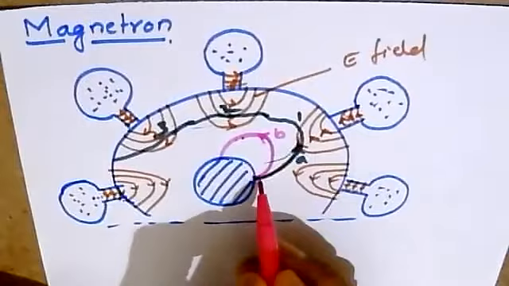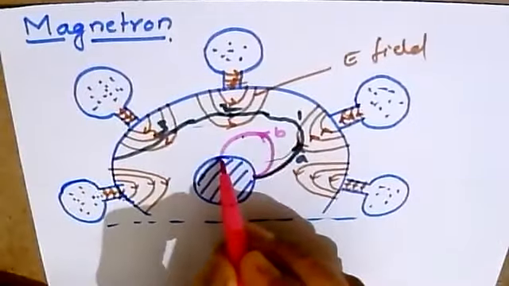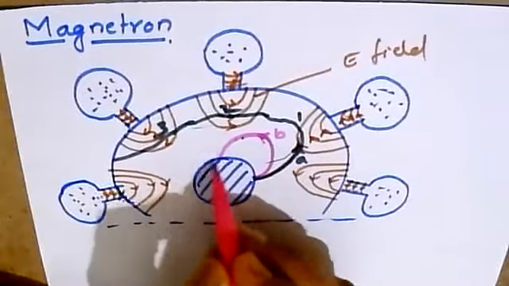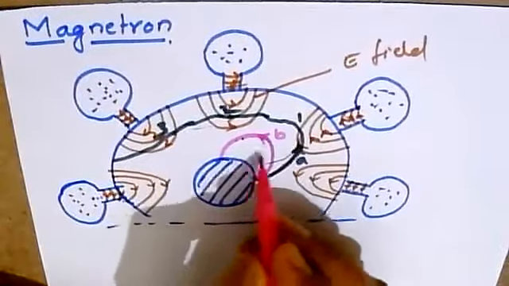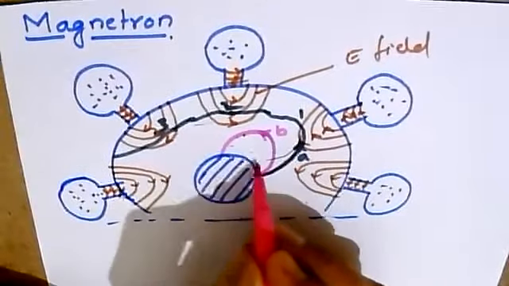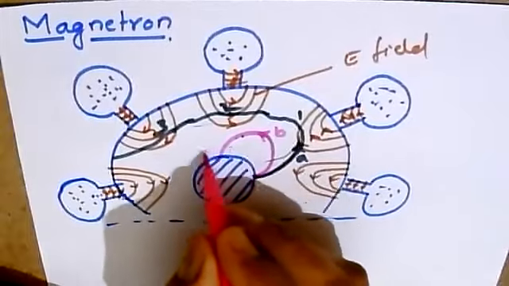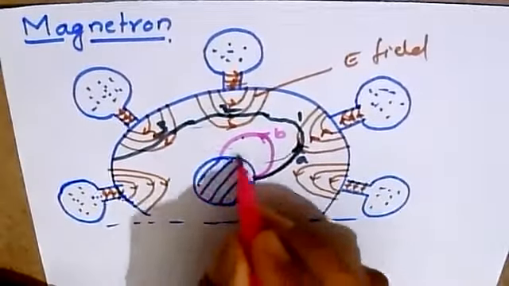Without being influenced by the electric field, they return back to the cathode. This process keeps on continuing, and all such B electrons will keep on rotating along with the cathode.